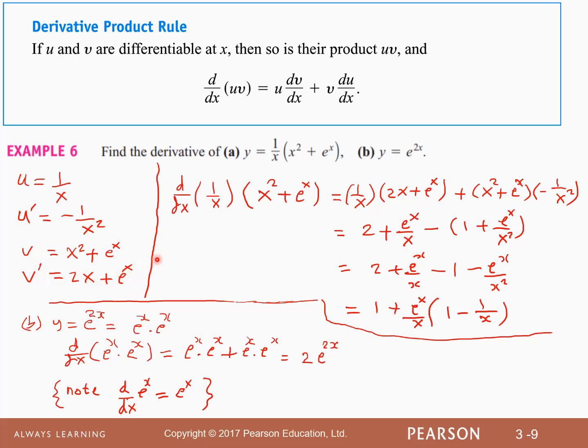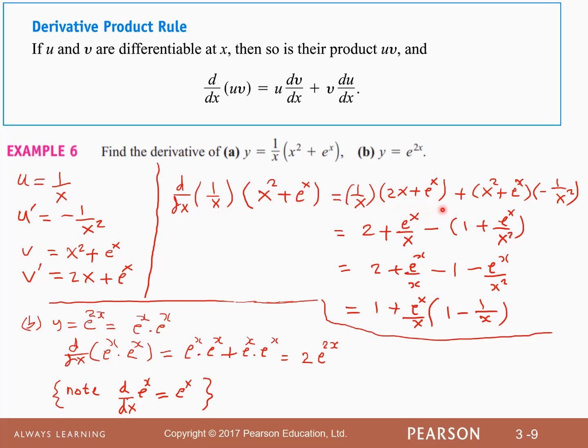Now all we need to do is just plug in the values. So we have the derivative of the first, which is u, multiplied by the second, which is v, equal to, we keep u as it is, but we differentiate v. So we just differentiate this, which will give us 2x plus e to the x, right here.